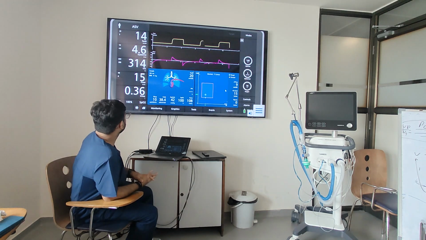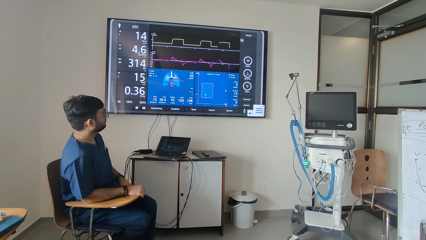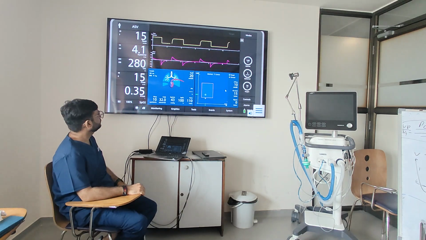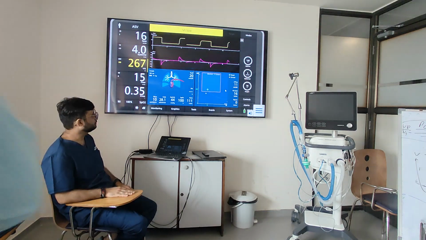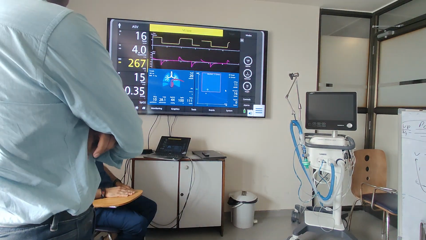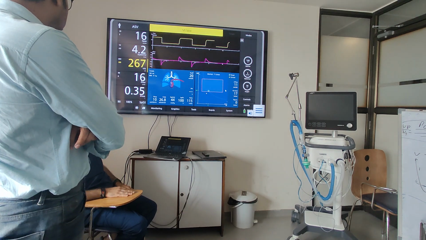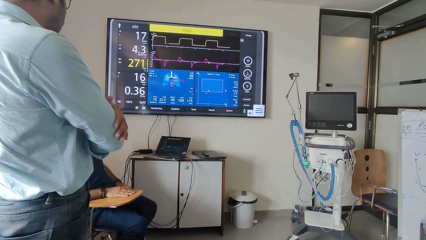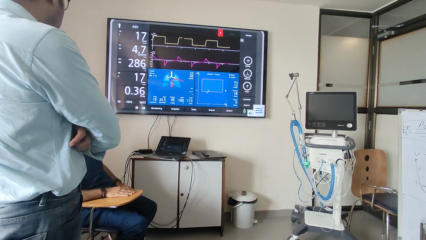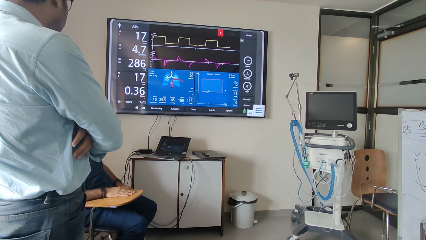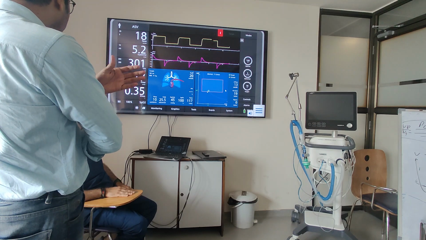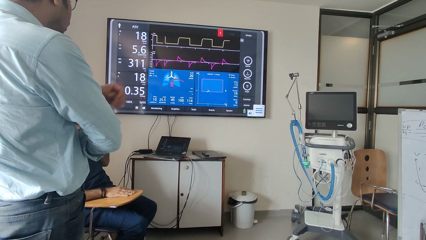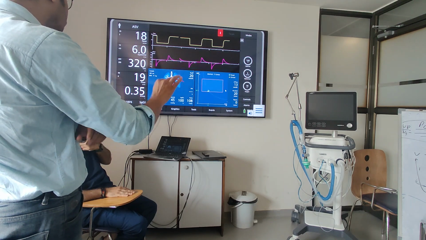So what has happened now? Can somebody come and tell us? Nikhil, can you come and say what has happened? He has done something, and now you are walking across the ventilator, the same patient, and you see this. What are you seeing, and what is your inference? The RC was slightly on the higher side, showing a slight obstructive pattern. Now it has come down to 0.36, lesser than normal. And on the dynamic lung? It has become more restrictive. Exactly.